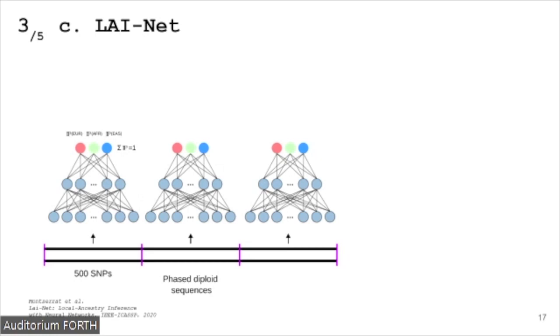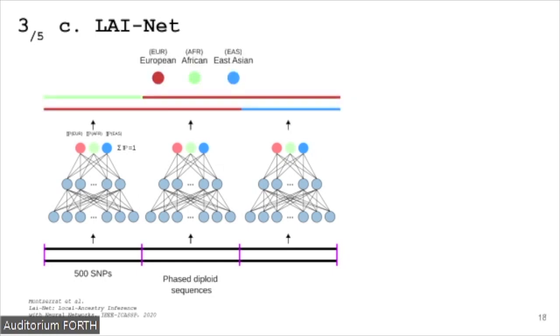Each network is a fully connected architecture that is going to take 500 SNP segments and will output a vector of probability for each of the source populations. And at the end, by taking the argmax operation, we can predict the ancestry of a given segment.